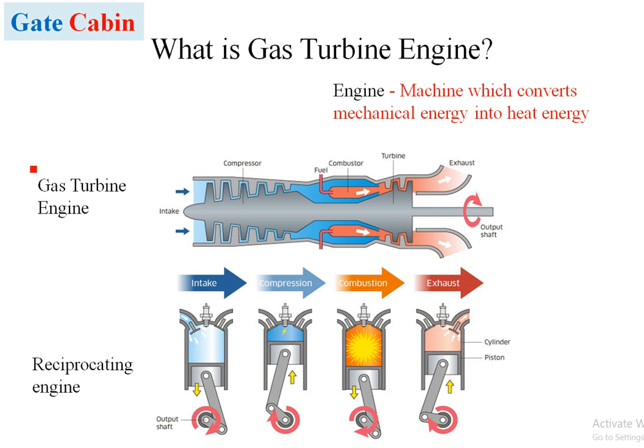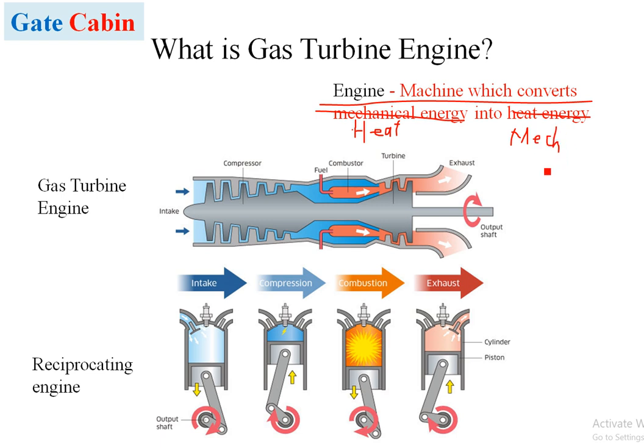The first one, as you can see, is a gas turbine engine. An engine is basically a machine which converts heat energy into mechanical energy.